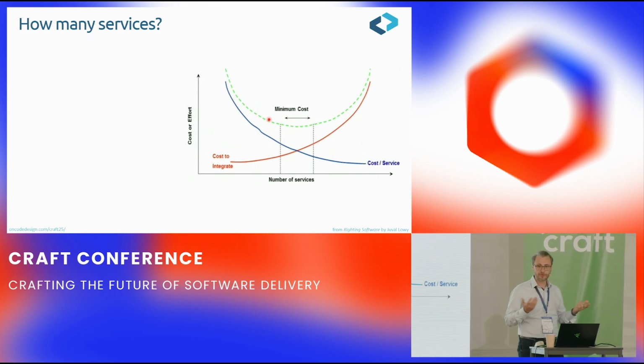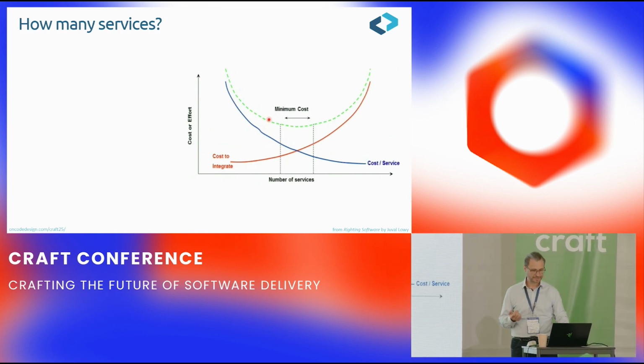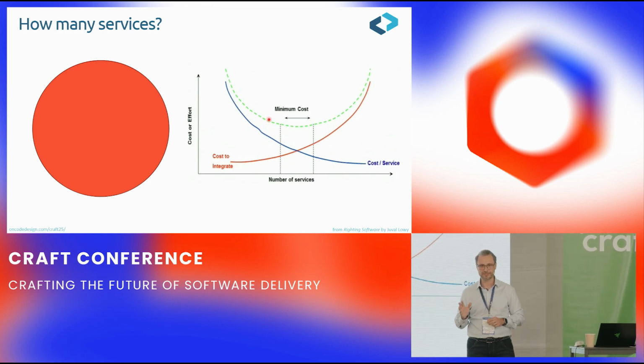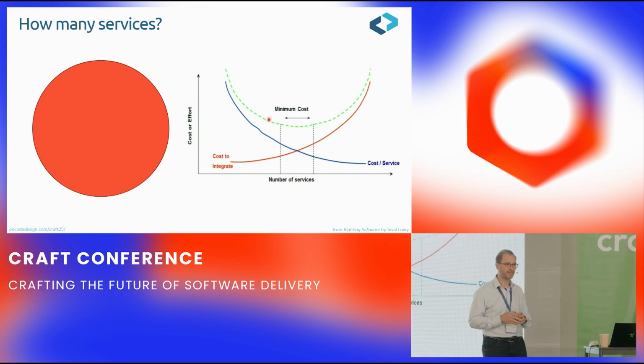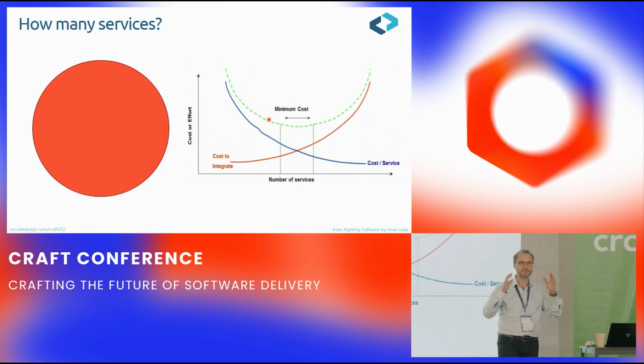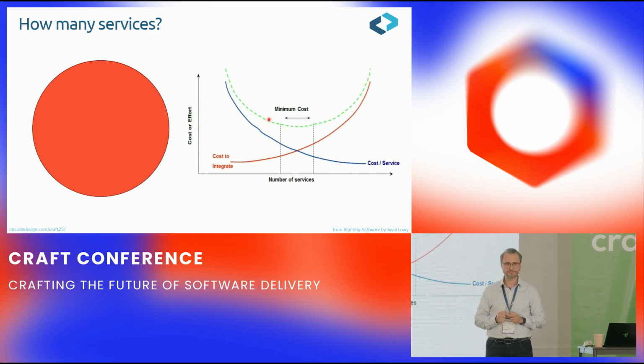Now, again, how many services should we have? Clearly, 1 is not a good number. Nobody wants to have a design with a system which is built with one big thing. Why? Because nobody knows how much it will take to build it and how much it will cost.